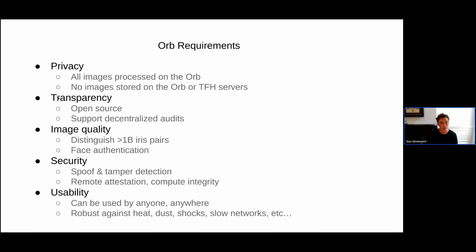I briefly mentioned transparency and verifiability. Key pieces of this is that we want to be able to open source the hardware and the software, and that feeds into the design. We also want to support the ability for anybody to walk up to an orb and check certain properties of it. Examples could be that it's running the code that we say it is, which would be the open source code. Another example would be that it has the private crypto keys that the corresponding registry on the blockchain expects.